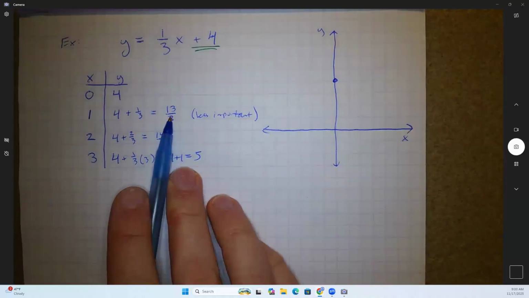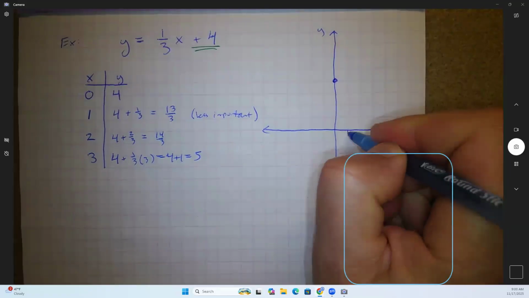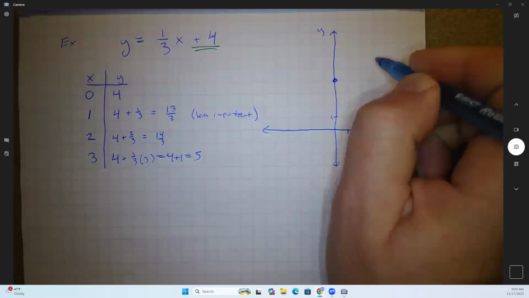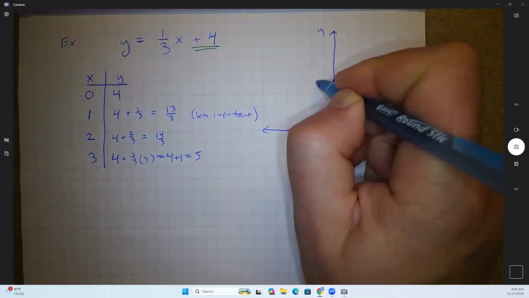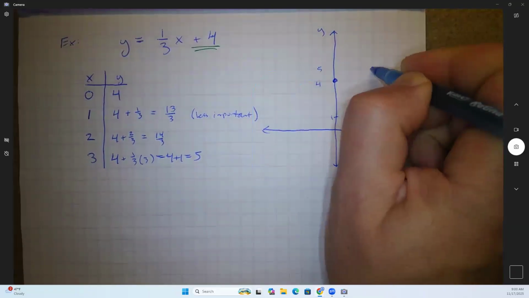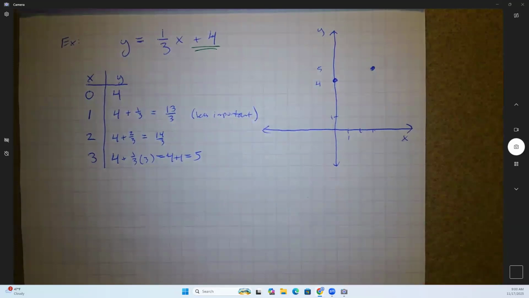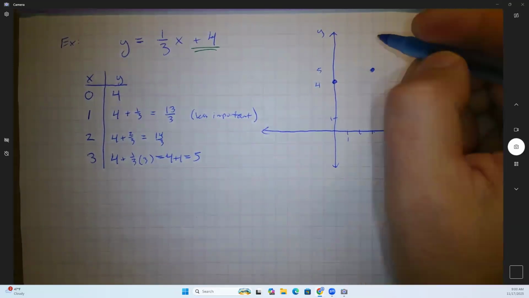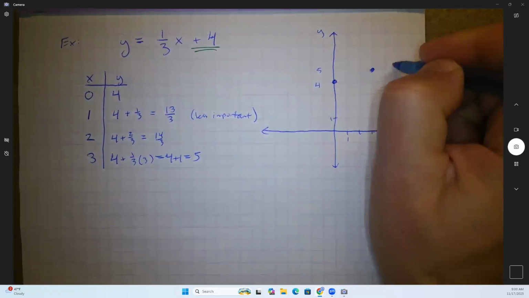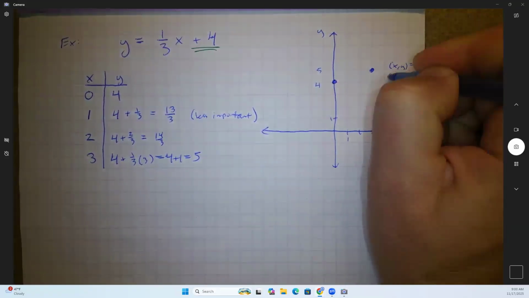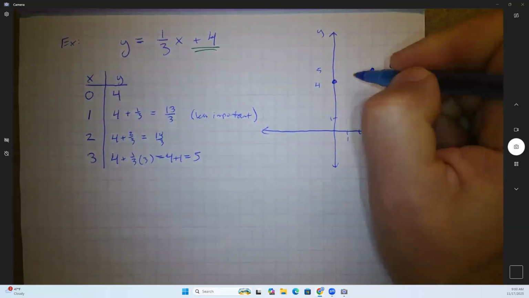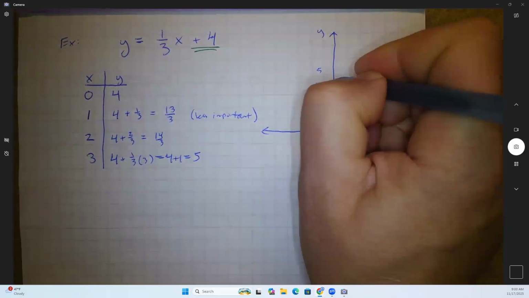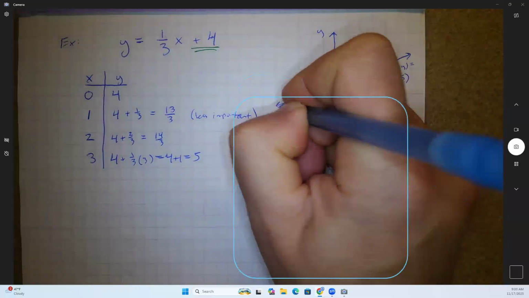X is 1, it's a little bit bigger than 4. But when I get all the way out to x equals 3, that's when I get up to 5. So there's this point right there, x comma y equals 3 comma 5. That's really all I need to draw this straight line. I only need the 2 points.